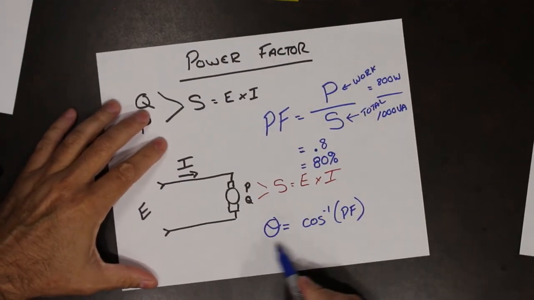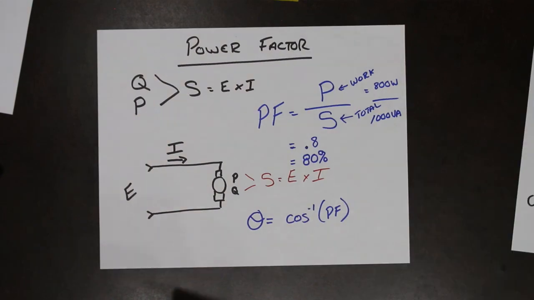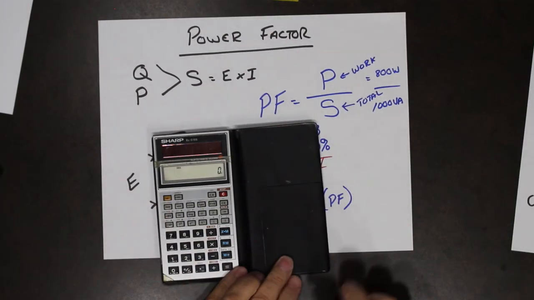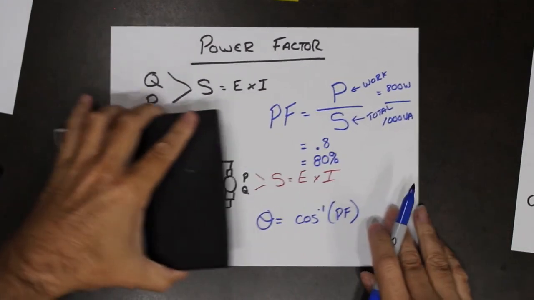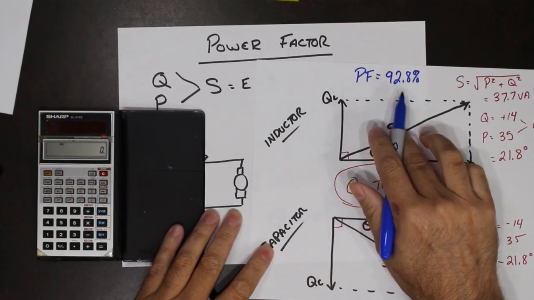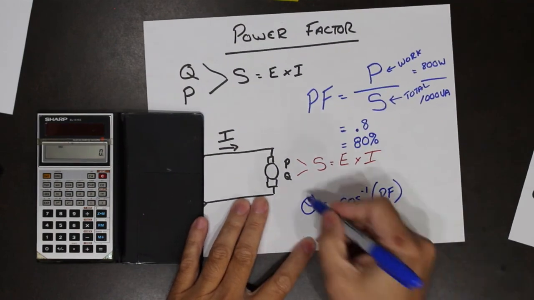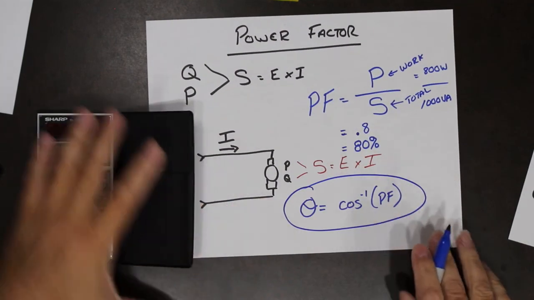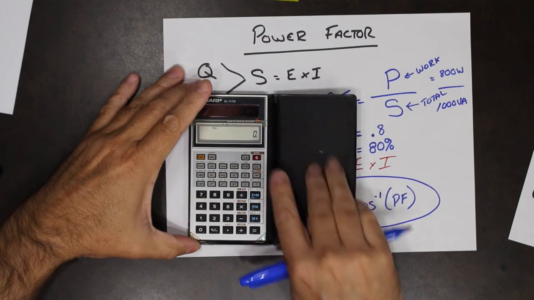So our power factor worked out to be, in this example, 92.8%. We're going to apply this formula and come up again with our angle.